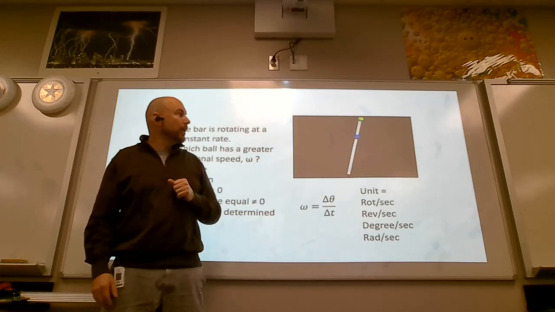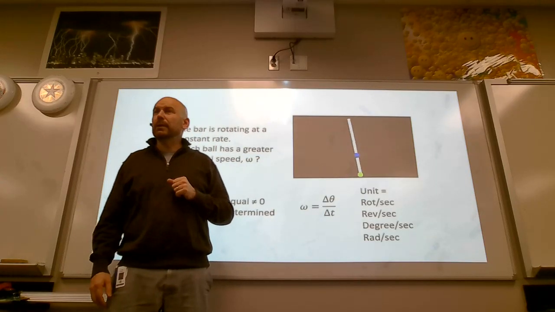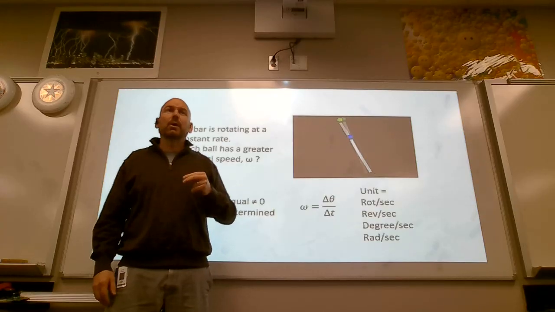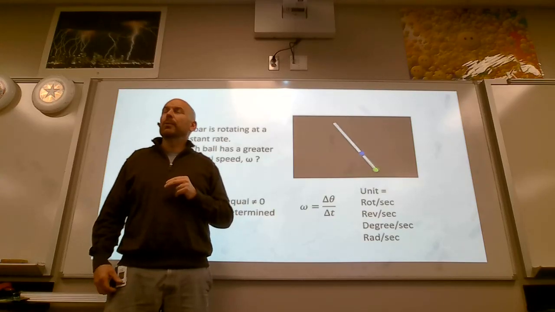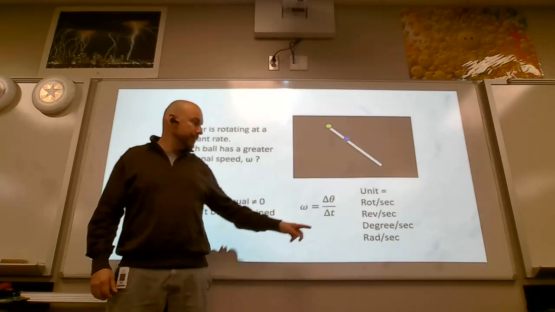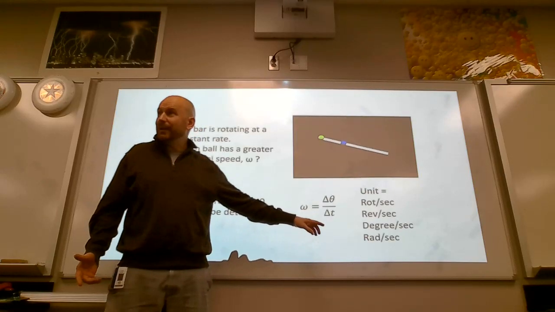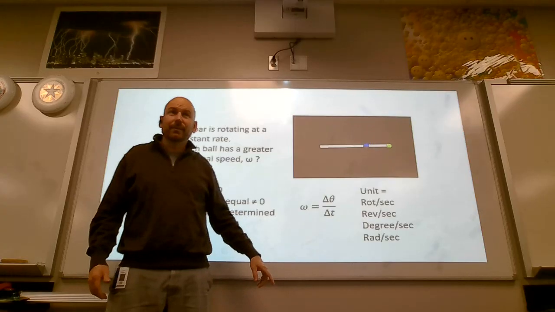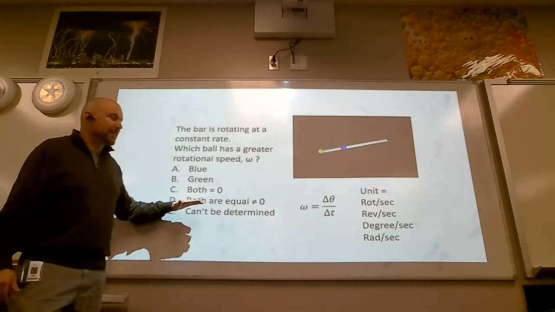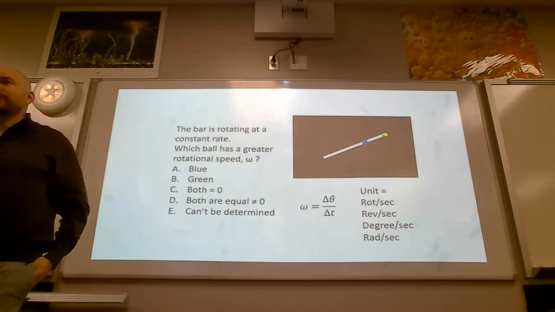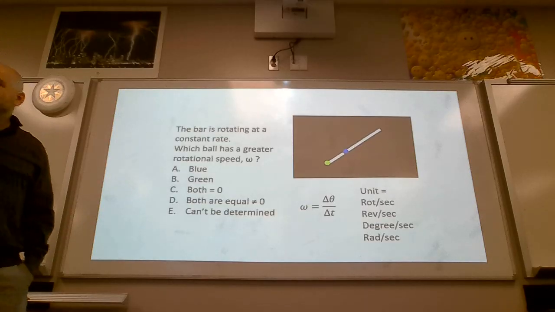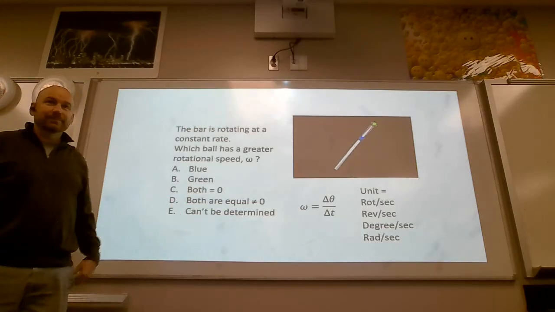Which ball is doing 360 degrees or a rotation in the least amount of time? The same, right? They tie. So they both have the same rotational speed. That's not zero.